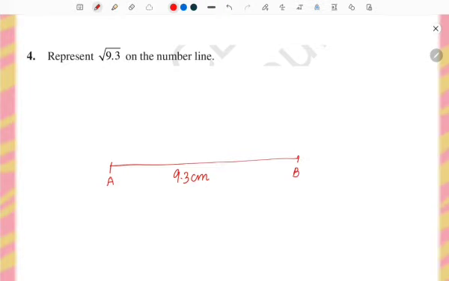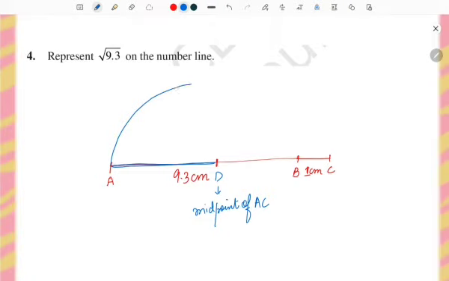We are going to extend this line segment by just 1 centimeter and mark this point as C. Then we'll find out center of AC and mark this point as D, which is midpoint of AC. AC का midpoint हम find out करेंगे. Then taking radius as AD, I am going to draw a semicircle.